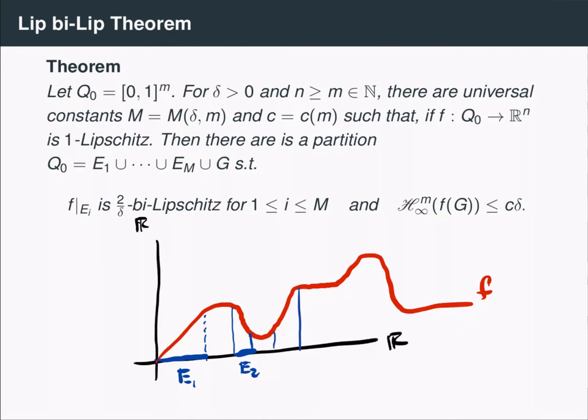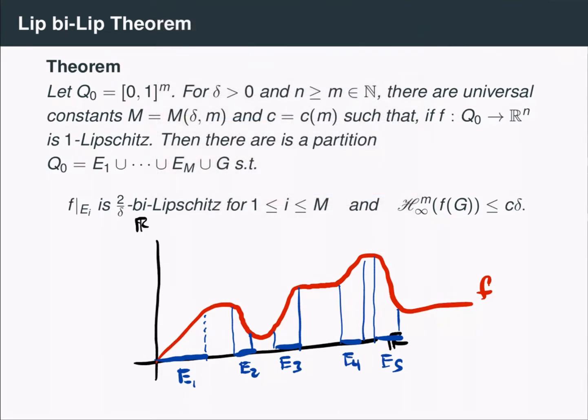We can restrict here, and f will be bi-Lipschitz. Restrict here, and let's say we restrict here. So when we restrict to each one of these intervals, we see that our function f is strictly increasing, and in particular bi-Lipschitz.